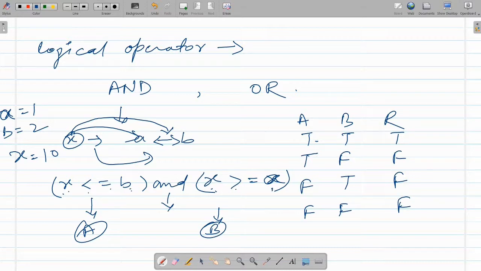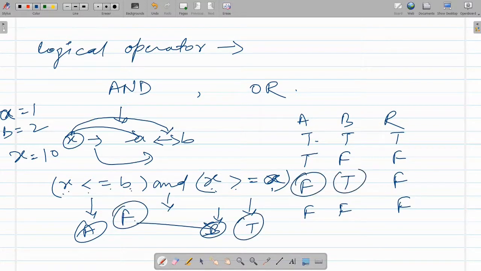Now, greater than or equal to 1 is true, and x value of 10 being less than or equal to b is false. Now using the truth table, false and true becomes false. This means this particular number 10 is not within this range 1 to 2.